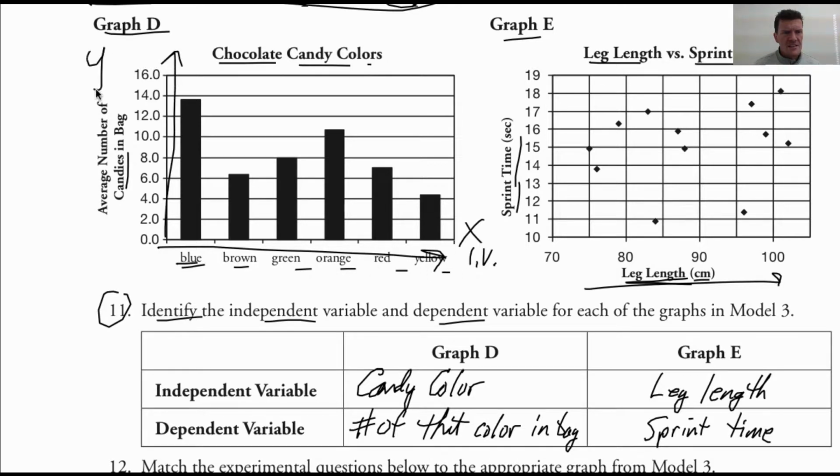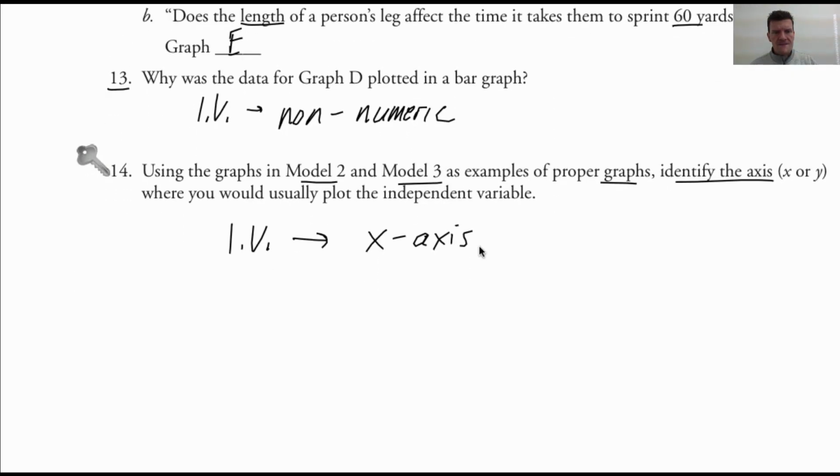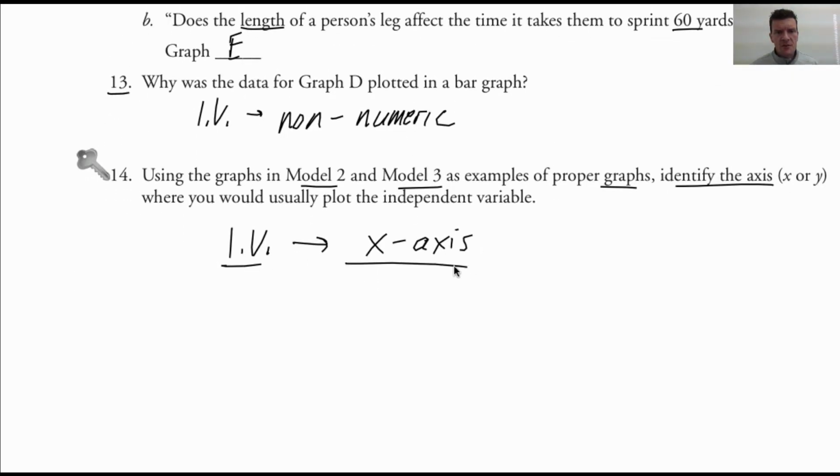This is your y-axis. So independent variable is on your x-axis. And therefore, it stands to reason that your dependent variable would be on the y-axis.